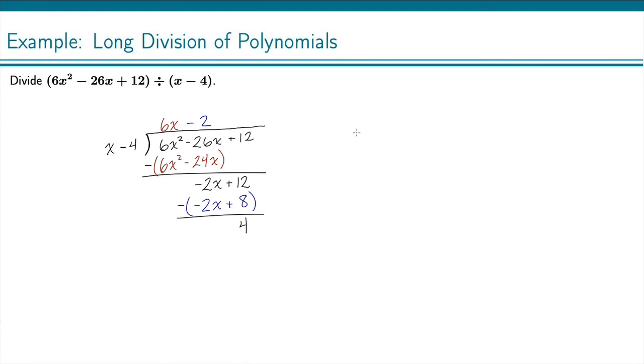There are 2 different ways I can write my answer. I can write it as 6x squared minus 26x plus 12 over x minus 4, so that's the division that I'm doing, is equal to this thing up here, that's my quotient, 6x minus 2, and then I have plus this number down here, which is 4, that's my remainder, divided by my original divisor, x minus 4.